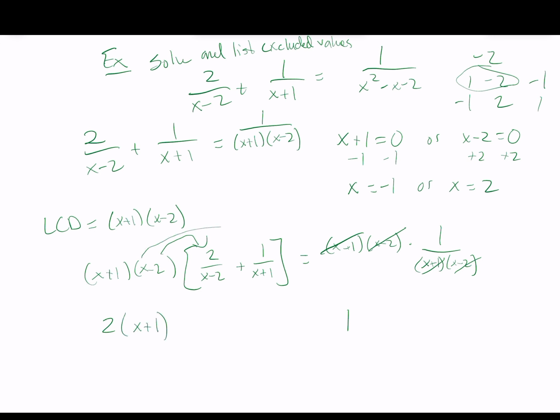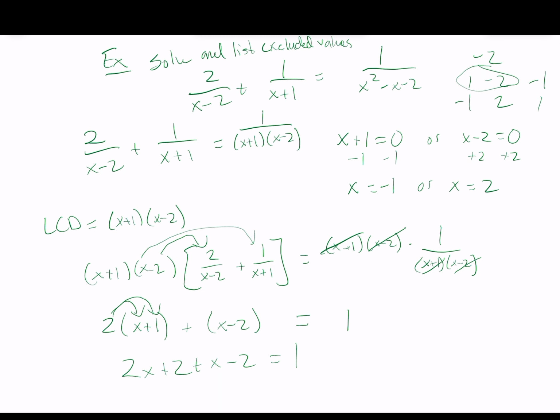And then when I distribute to the second term, the x plus 1s will cancel, and I'll be left with x minus 2 is equal to 1. Then what we can do is distribute the 2. 2 times x is 2x. 2 times 1 is 2. Plus an x minus 2 is equal to 1.